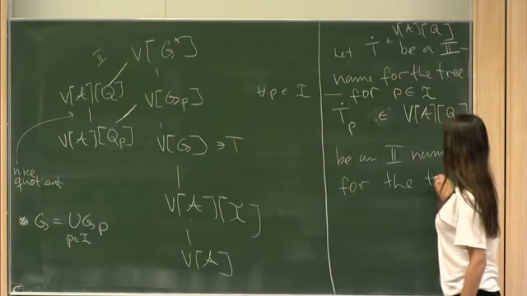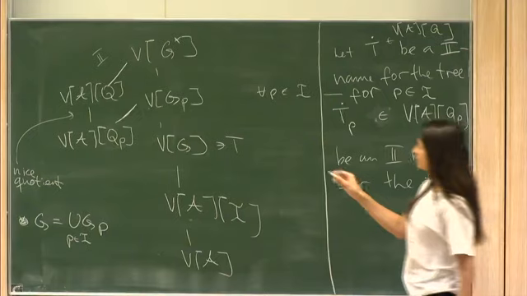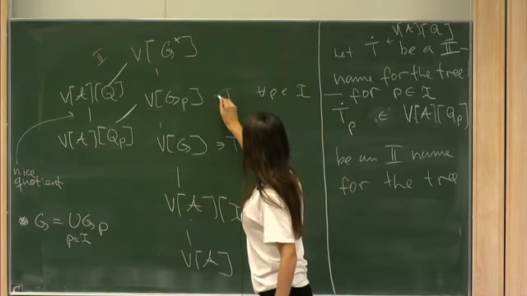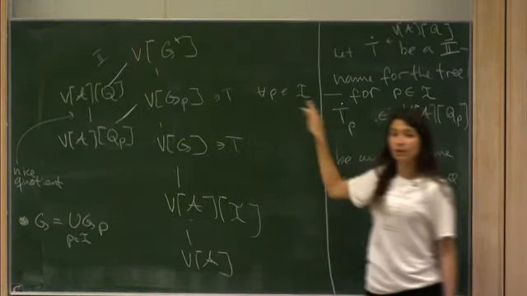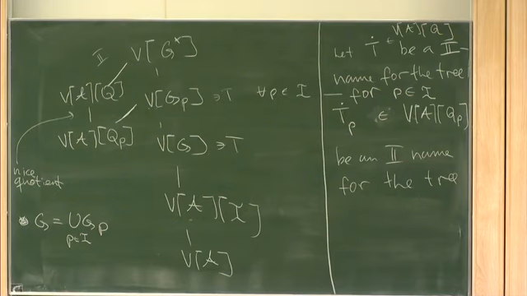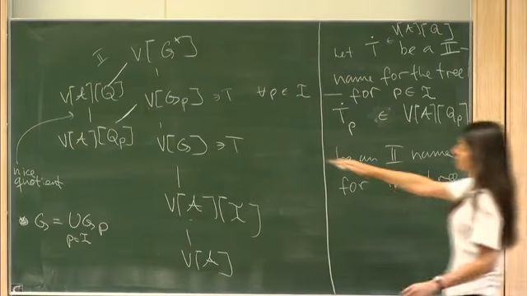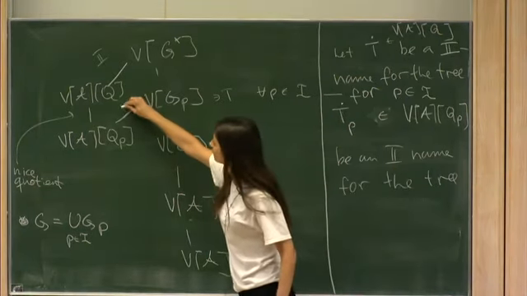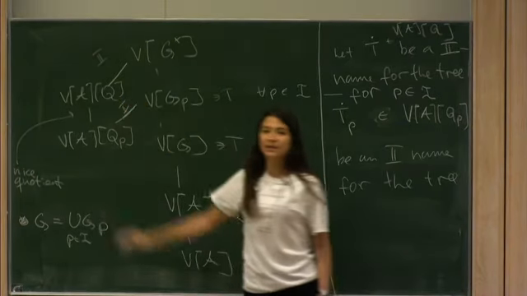Do they always exist? Do they exist for every P? Yeah, for every P from the generic pre-cre script I, because the tree is in all of these models, so you can take an I name in here and you can take a name in here.